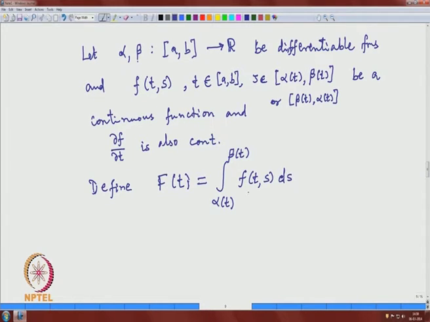Remember that t is just fixed. Once you fix this t, you define this for t in [a, b].